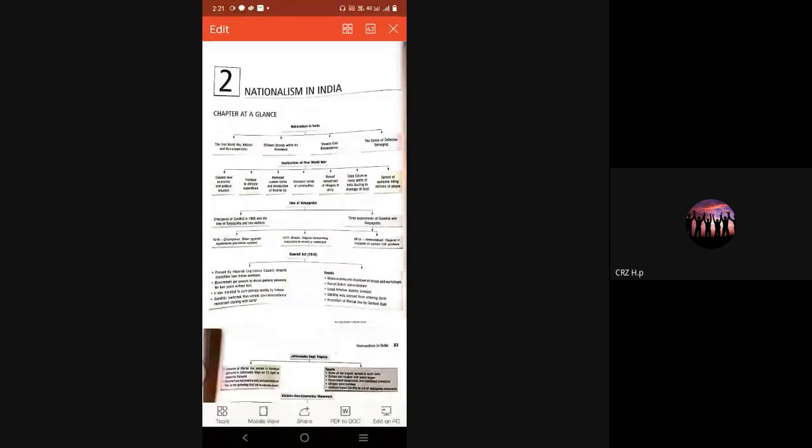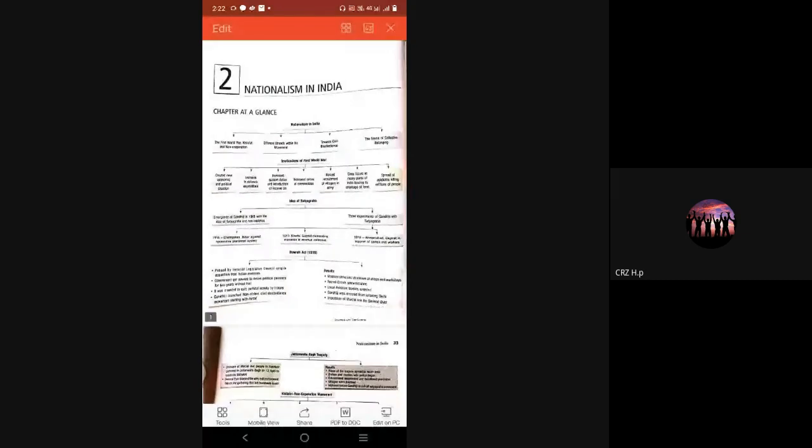So this is the overall view of our lesson, nationalism in India. We do not have time to describe each and every event, so I'm going to give you a brief description of each. The lesson begins with the First World War, Khilafat and non-cooperation movement.